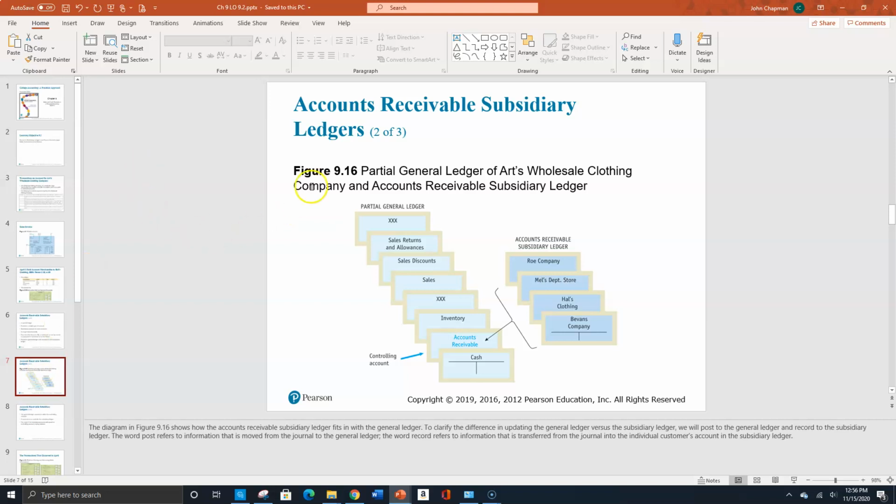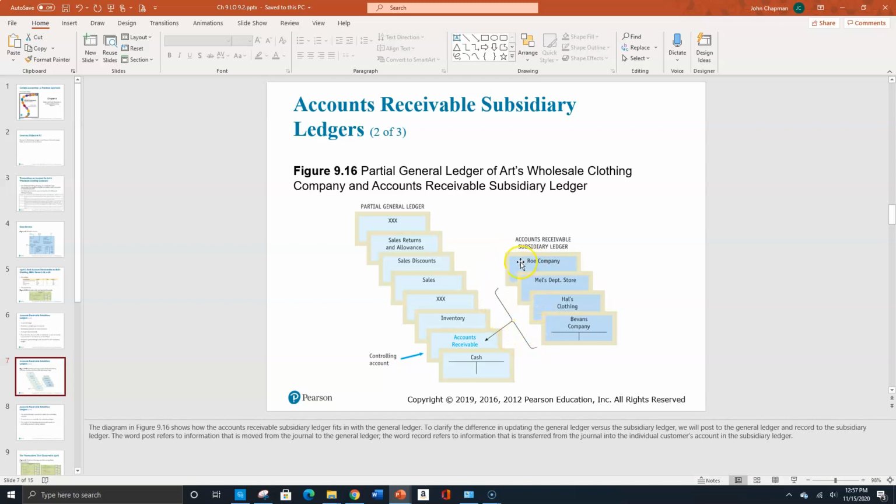Okay, so here is a partial general ledger of Wholesale Clothing Company. We have all these general ledger accounts, but then we would have a control account, the accounts receivable account, within our normal general ledger, right behind cash. But we would also have a subsidiary that would agree to that amount.